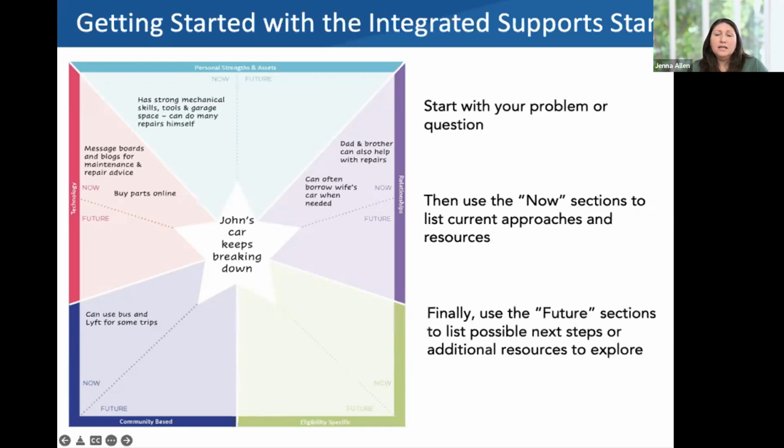So the next thing that we did, and that you would probably do if you were diagramming a current situation for yourself, is using these future sections to list possible next steps or additional resources that you might want to explore. So we looked at, first and foremost, we needed to find a good mechanic.